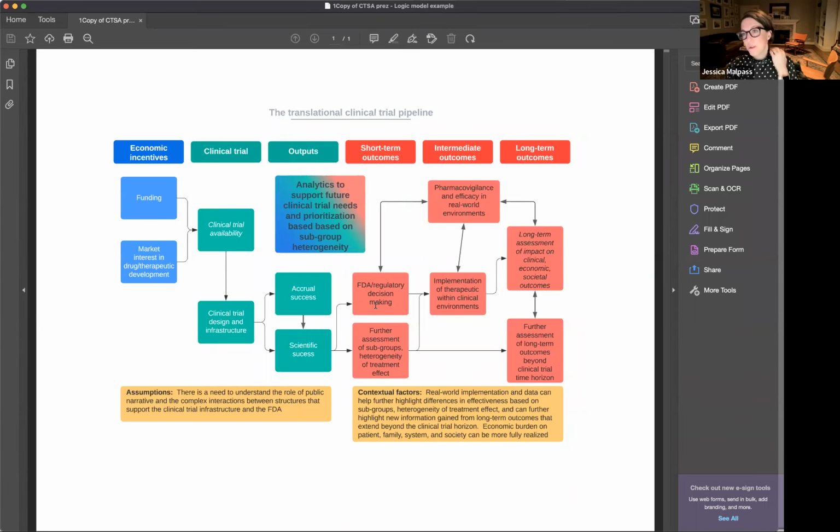So we need to start thinking about subgroups as it relates to our clinical trial pipeline or our documentation processes, and certainly how we think about it in the recording of our clinicaltrials.gov outcomes. Ideally, as it relates to dissemination, our subgroups of interest really need to be stated at the beginning.